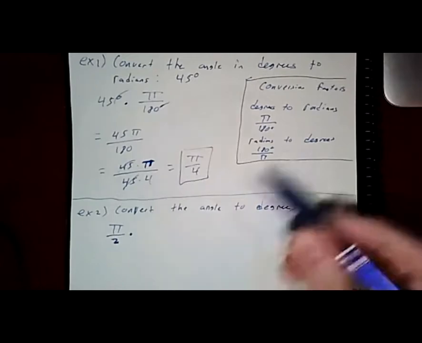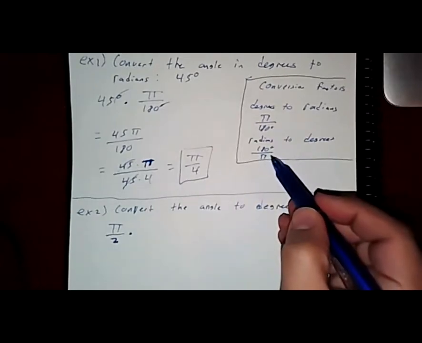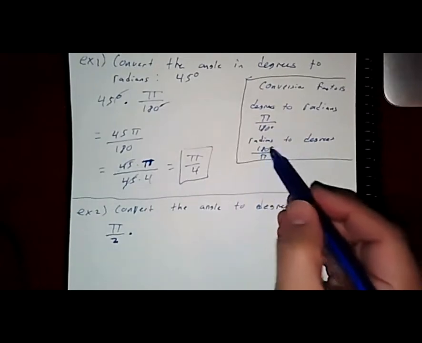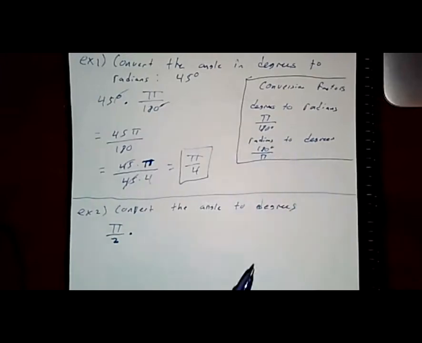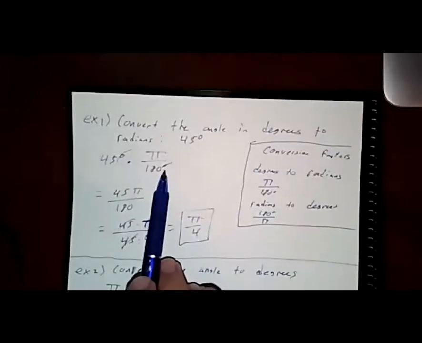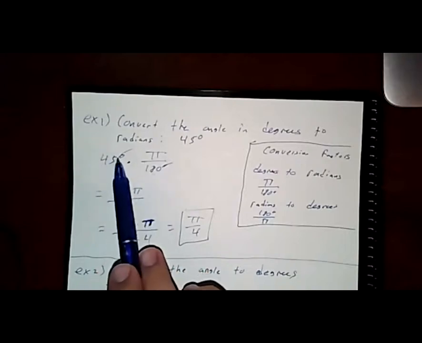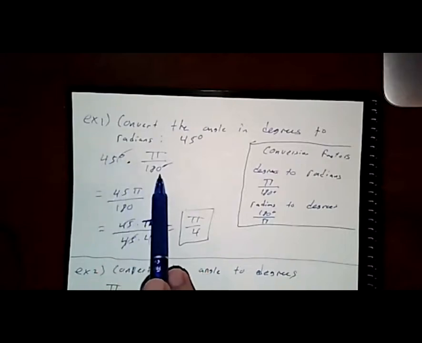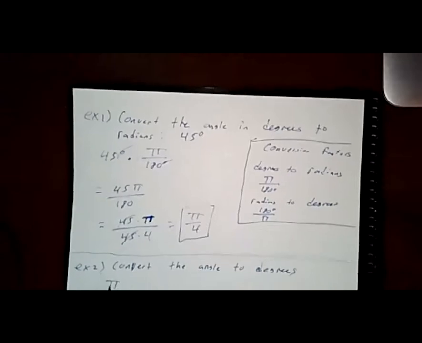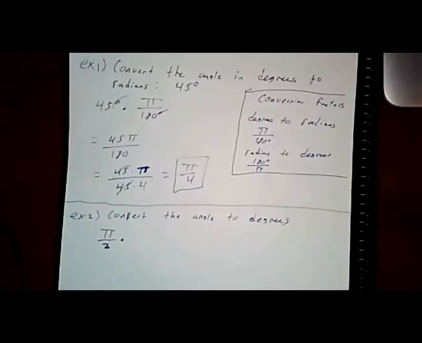So I'm going to use this guy to cancel the pi and be left with degrees. That's kind of how I remember which one to use: whatever's on the bottom will cancel with the top part, right? Because that's how fractions work. So if I want to get rid of the degree symbol, I better have degrees down here. If I want to get rid of pi stuff, well, I better have a pi on the bottom.